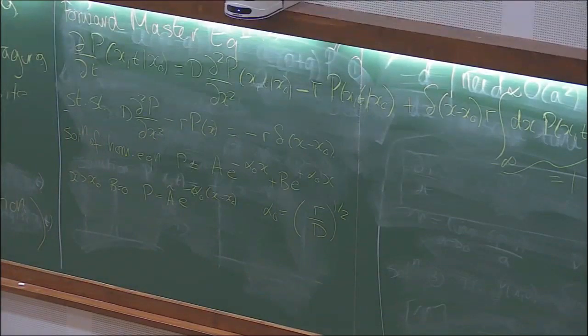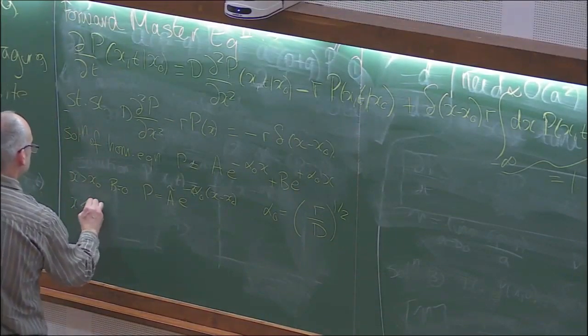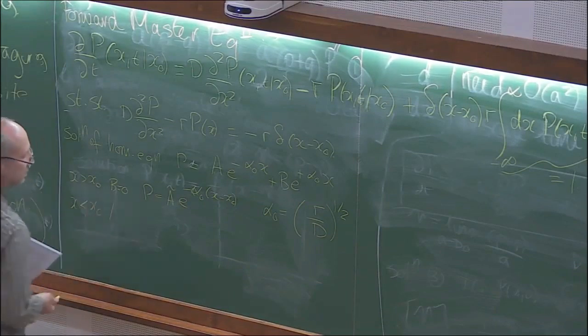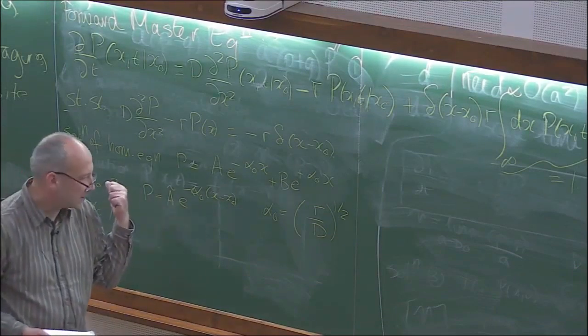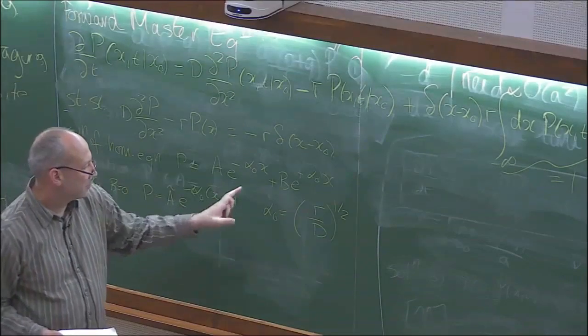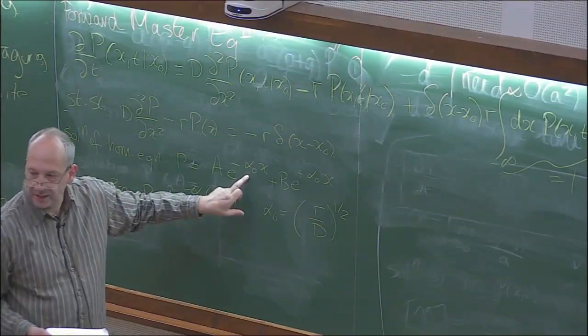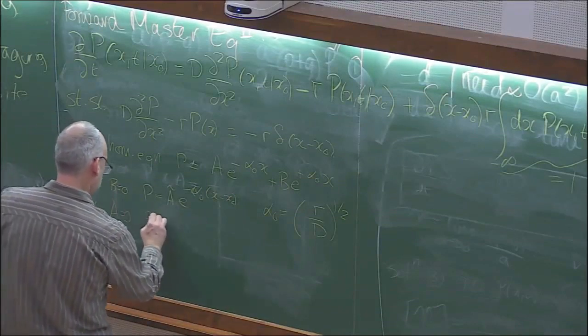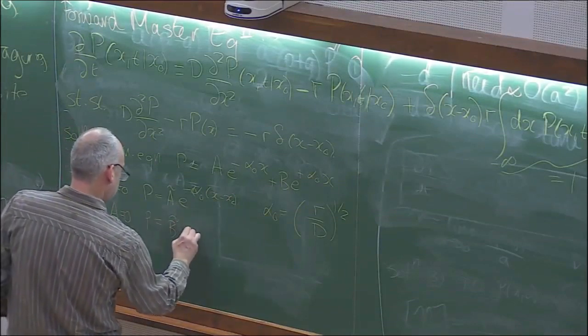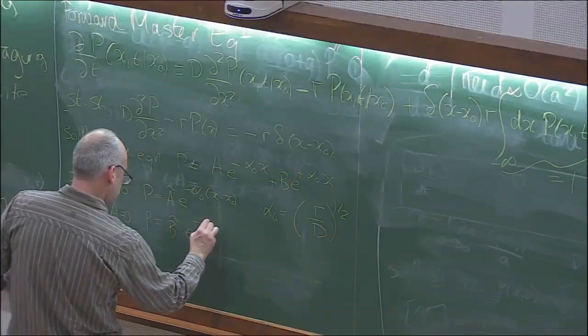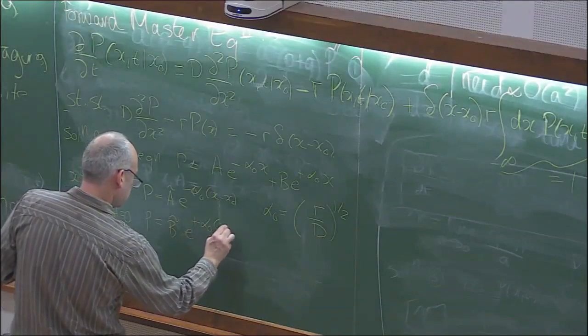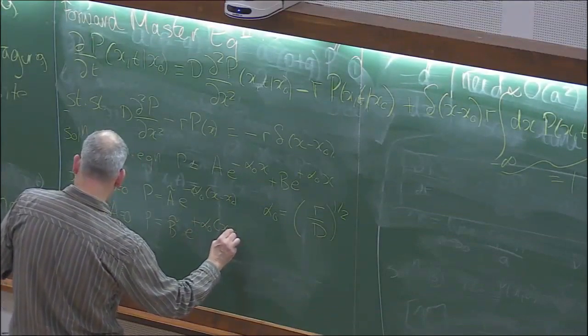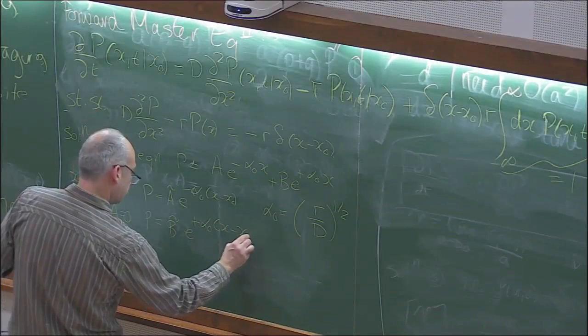And similarly, if x is less than x naught, that includes x goes to minus infinity. So then I want to avoid this term, so a should be 0. And I can write p as b tilde e to the plus alpha naught (x minus x naught). That's right, because x then going to minus infinity, I'm okay.